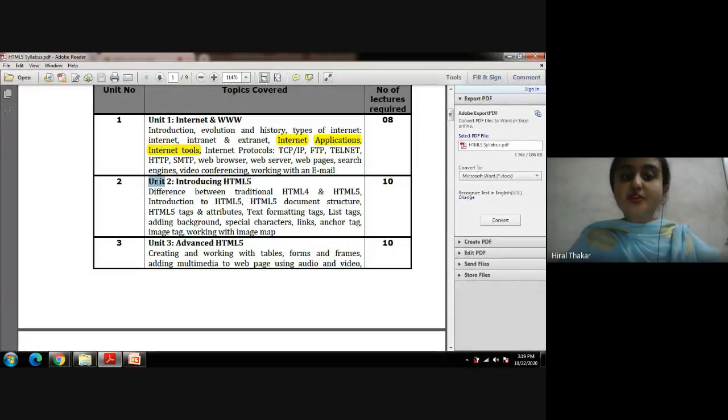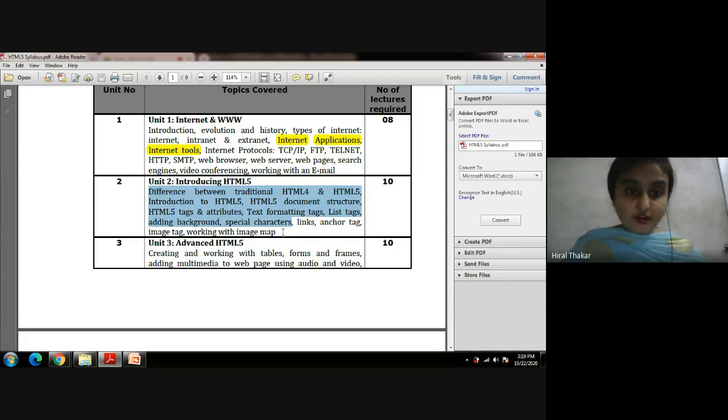After that, unit number 2, where we will start practical. From here we will be starting how to create your own page, one that you can run in a browser. So unit 2 is completely practical based. We will be learning different tags.